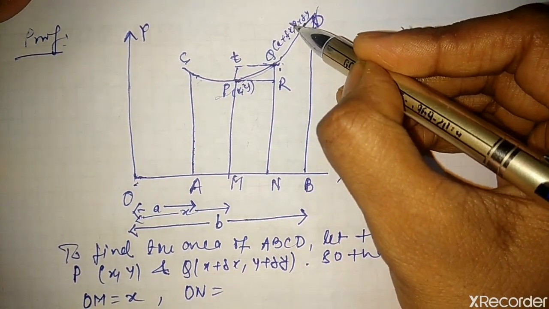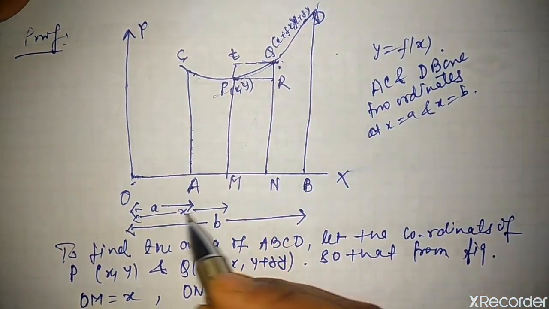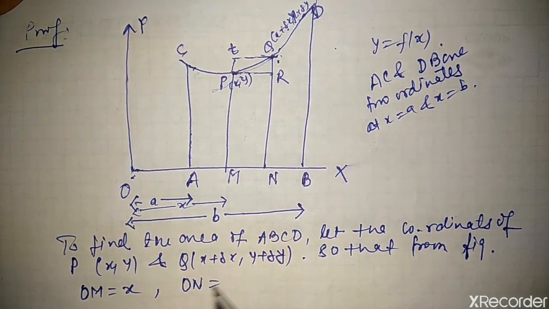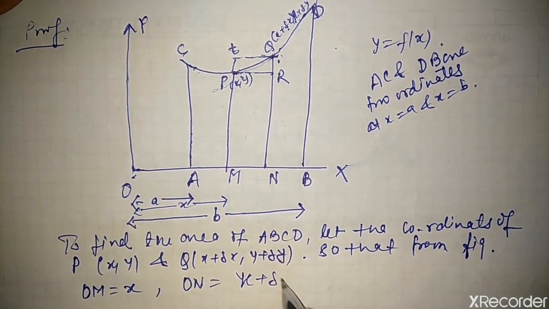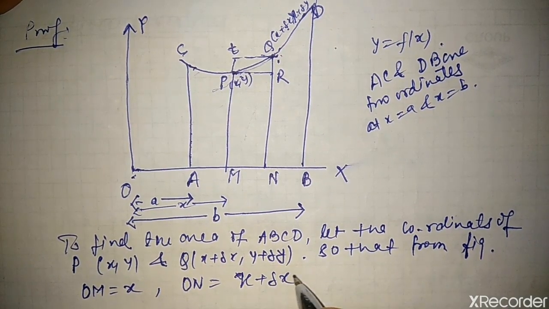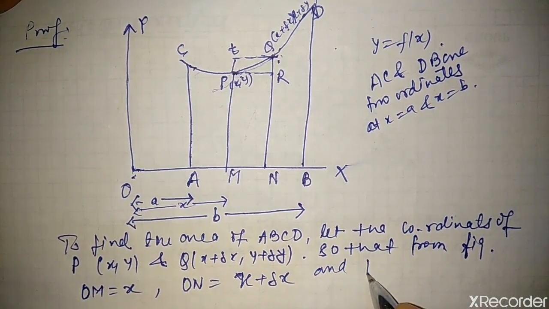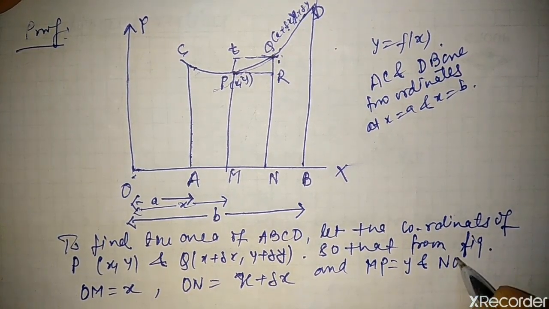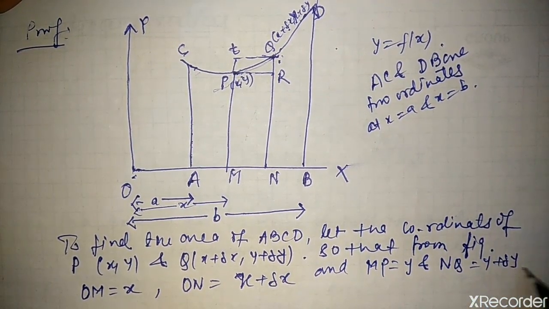From the figure, OM equals x because point P is (x, y). ON is x plus del x. And MP equals y and NQ equals y plus del y.